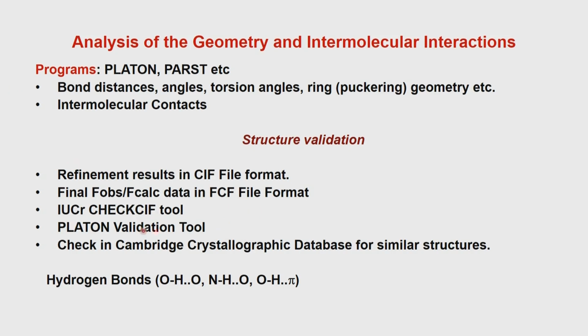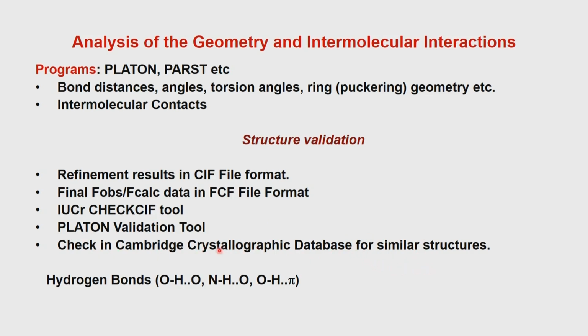We can also check in the Cambridge Crystal Structure Database, which houses all possible structures determined so far, all the CIF files, all the FCF files which are now available for all the structures determined from day 1. So, the entry is crossing 150,000 entries so far, and it adds every day some 15 to 20 structures additionally.